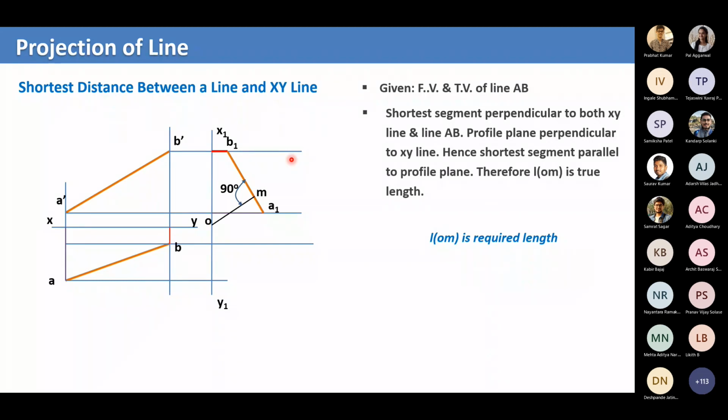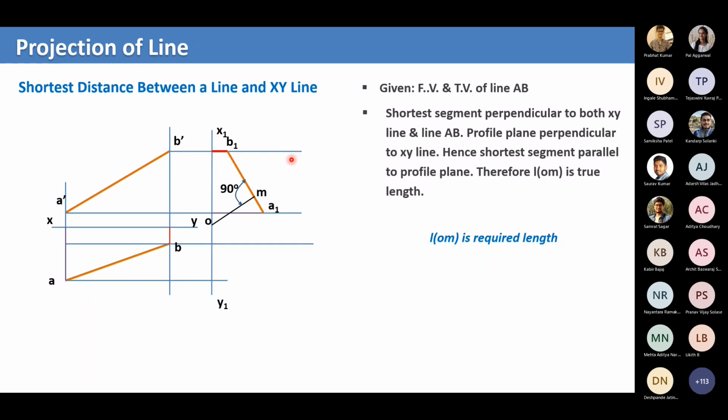So what if we ask it in 3D? In 3D also, the shortest distance is always the perpendicular distance. So here, when it is asked what is the shortest distance between a line and the XY line. So what is the XY line?